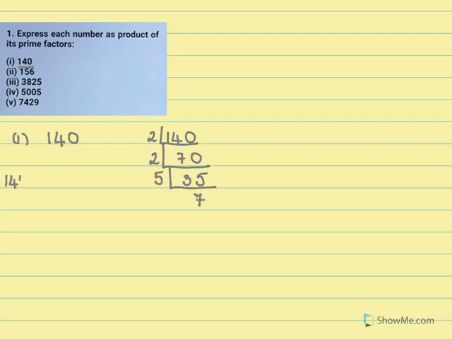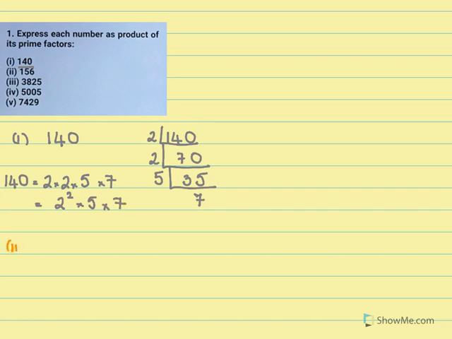So 140 is equal to 2 into 2 into 5 into 7, which is equal to 2 into 2, means 2 square, into 5 into 7.